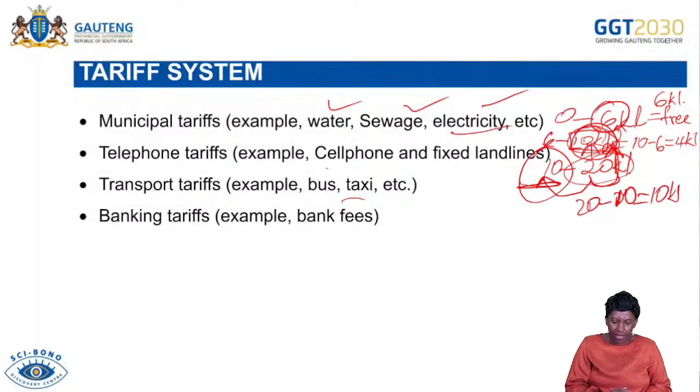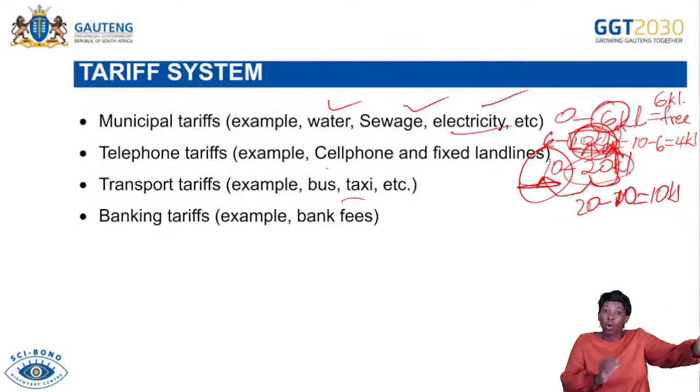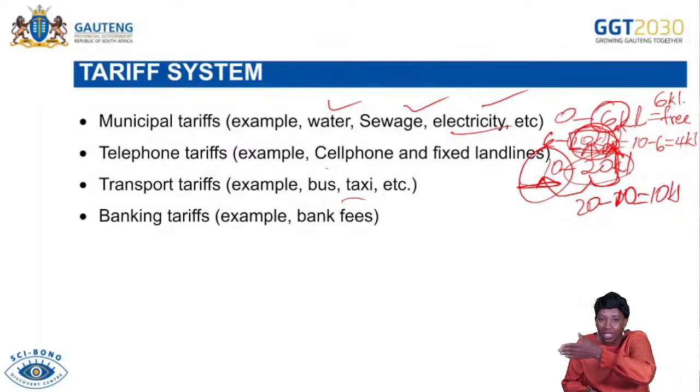Another thing, boys and girls, you must remember with the bank fees: the banks are discouraging us from going inside the branch. If we go inside and want to withdraw or deposit money, we are going to queue there, and all of us will want to go to the tellers.